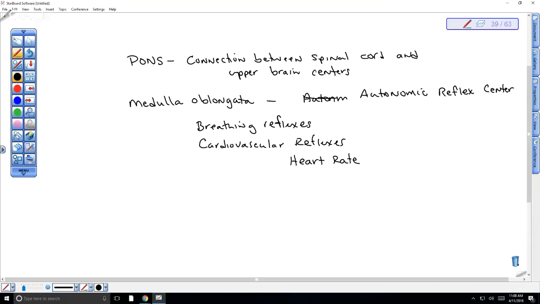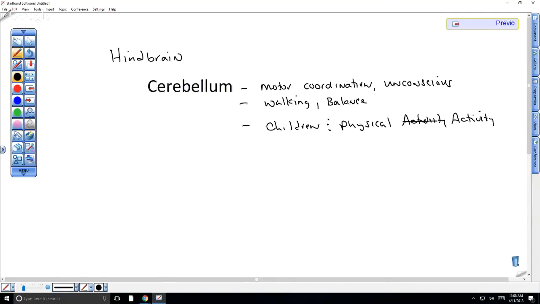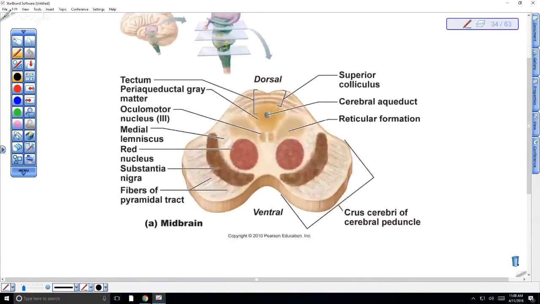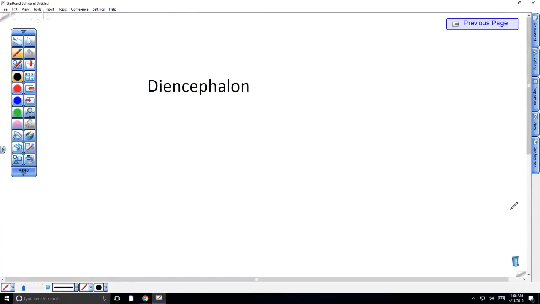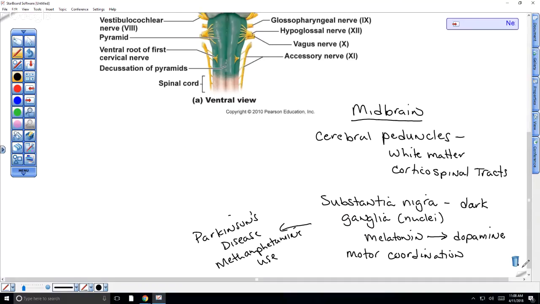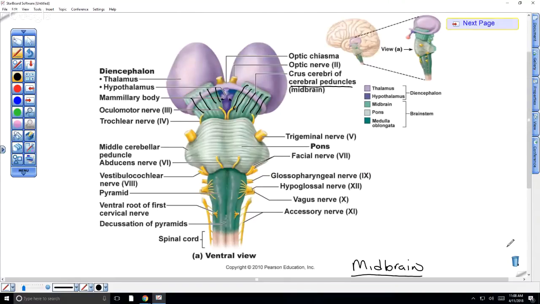So if I go back to my image of my brain stem, there we go. Okay. So this in light green would be the pons, right? And then this would be the medulla oblongata. It's a slight enlargement. Notice that it connects directly to the spinal cord.